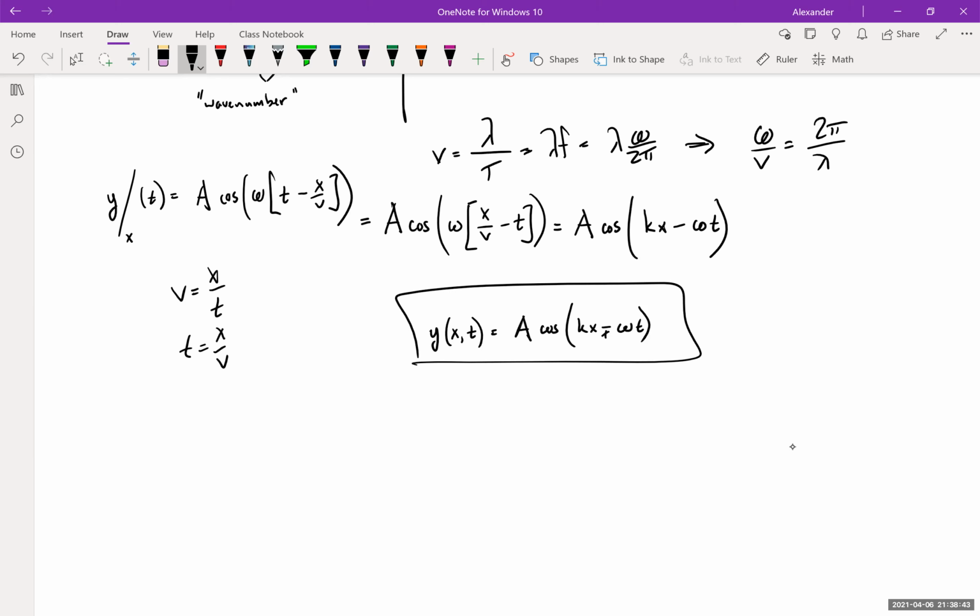But that means that as we're looking next to us, the phase of the thing that we're following doesn't change. The crest that we are following is still a crest. We're just moving with it, which means there is some phase that we're trying to keep pace with.